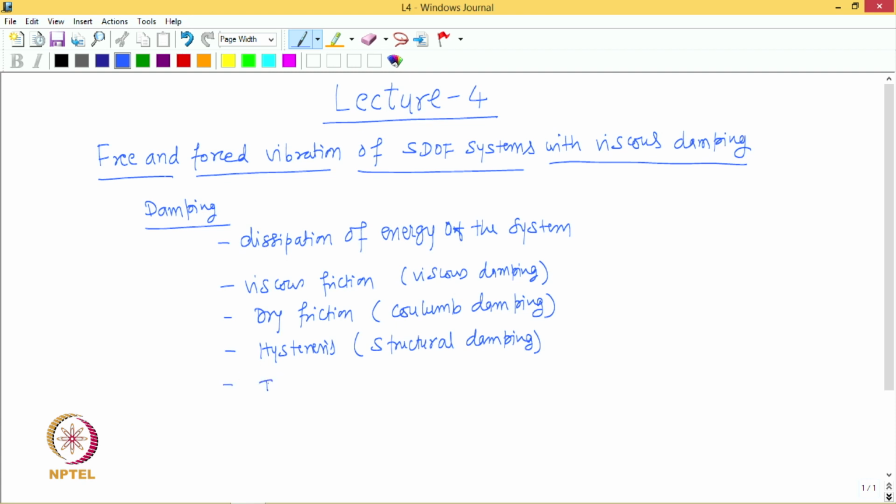Then there could be some other mechanisms internal to the body, which again may cause dissipation.